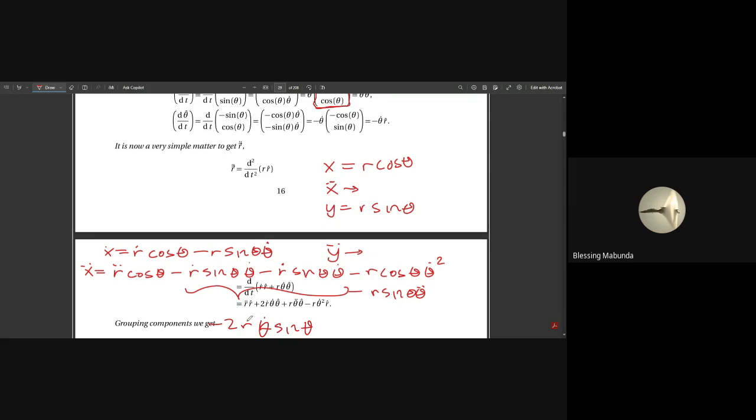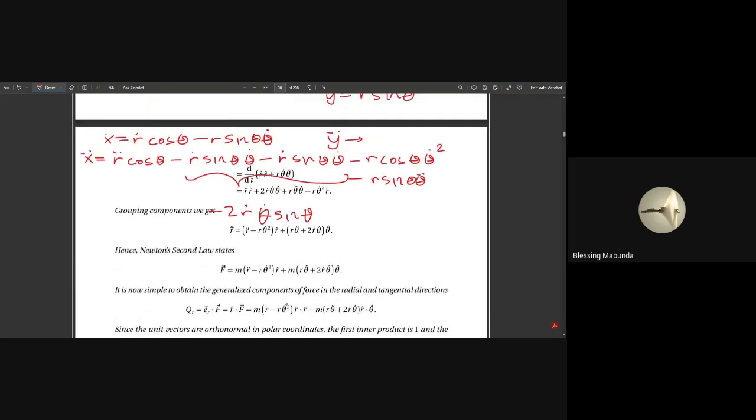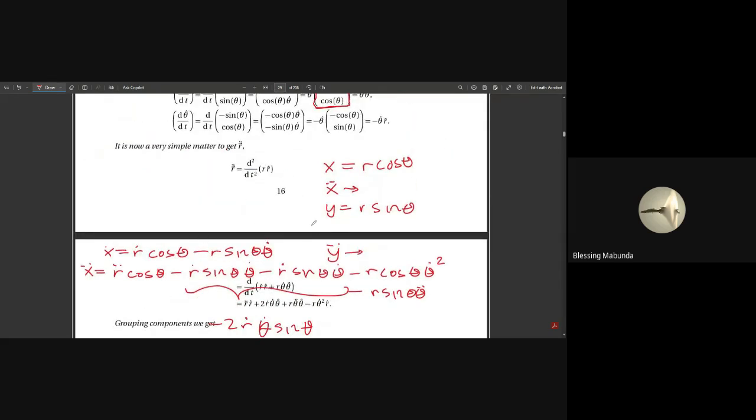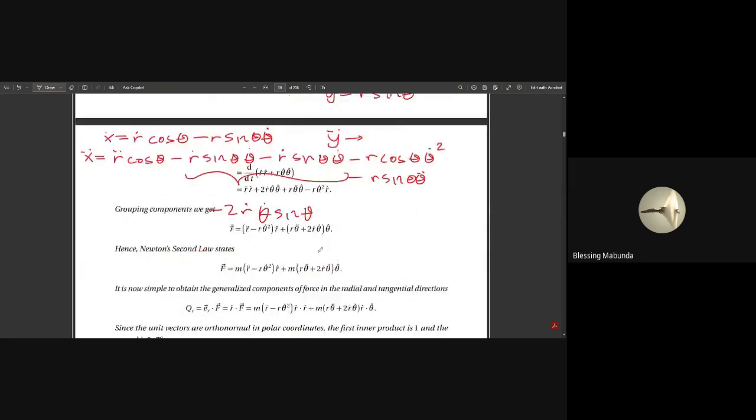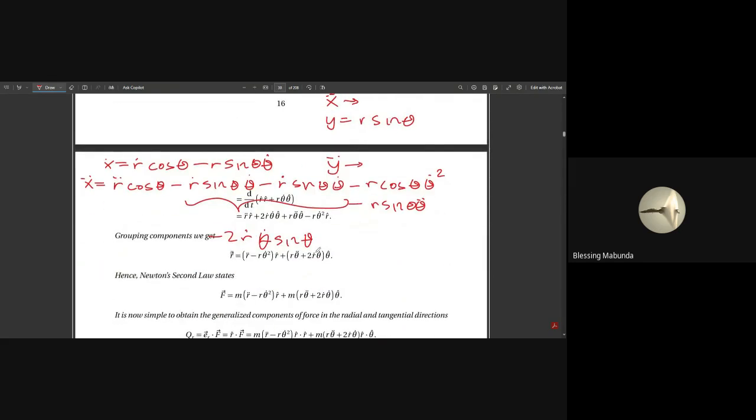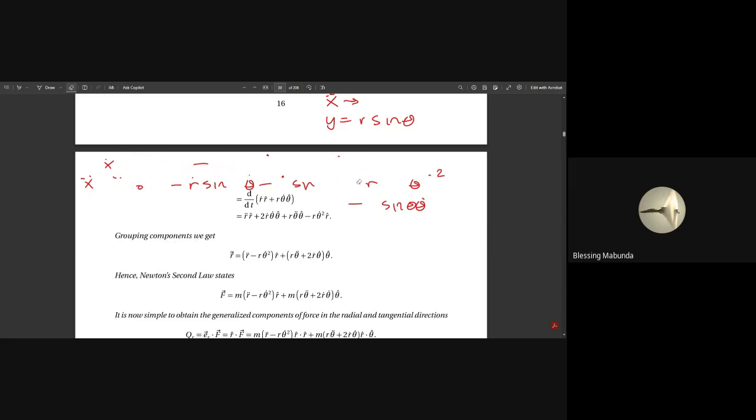Hopefully that's what everybody got. And then you must have done the same thing for y double dot. So continuing. It's nothing too hectic. You just have to understand what it is you're doing.